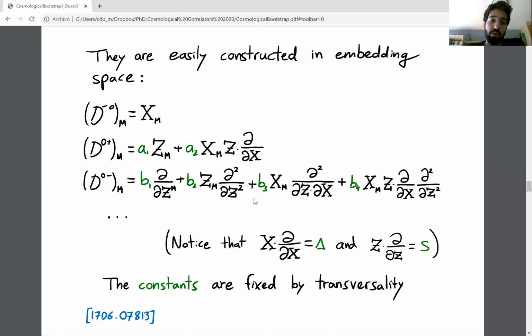Notice that when we are writing these different terms, we are not using objects of this form, x dot ddx or z dot ddz, just because these kinds of operators are just measuring the conformal weight and the spin of the operator they are acting upon, so they can be reabsorbed in these constants.